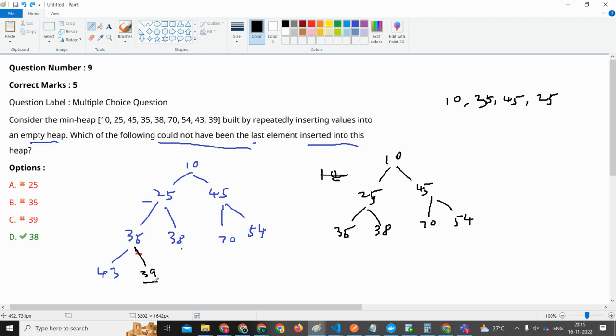For this question, because 39 is here, this is the last position, and not just 39, any element, be it 25 or 40, whatever it is. Any element which is getting inserted at this position would have traveled up on this path only. That last element position we are considering. Then we are saying that 38 could not have been there, right? Exactly. Whatever element you are inserting, if it is lower than 35, it would have gone and settled on this line. Just that position matters. Got it. Clear.